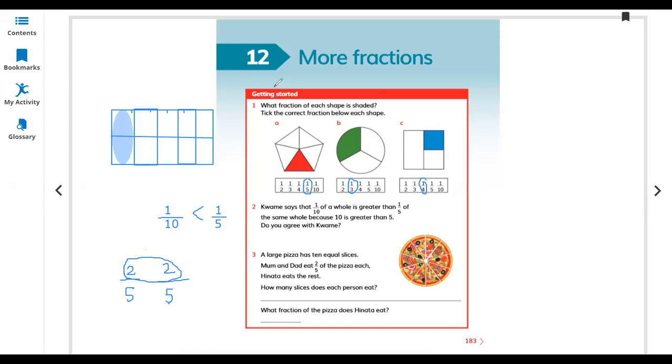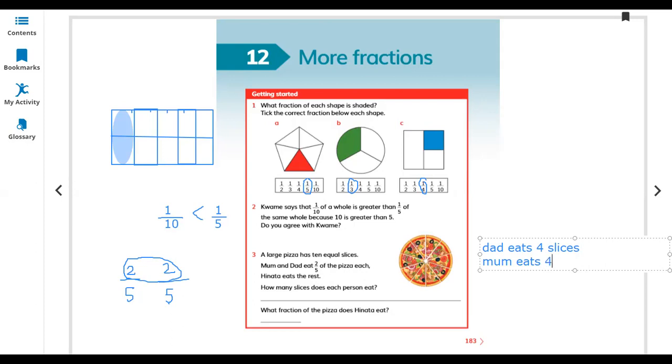So 4 parts we can say Dad eats, 4 parts of a slice. And Mom also the same. Because it's written here, Mom and Dad eat 2 by 5 of the pizza each. Each one eating 2 by 5, like this.